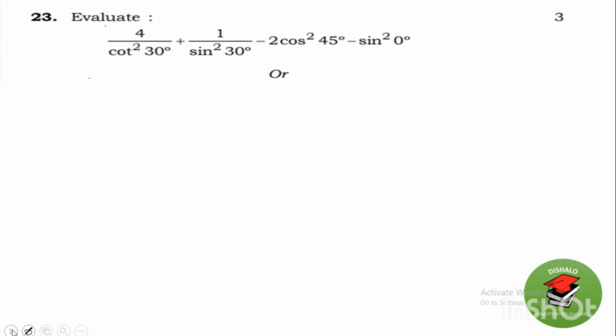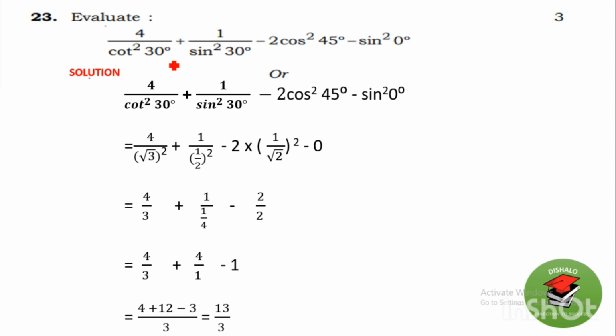Next, evaluate 4 by cot square 30 plus 1 by sin square 30 minus 2 cos square 45 minus sin square 0 degree. So I have written the question again. Cot 30 degree is root 3, and since it's squared, root 3 whole thing square, plus 1 by sin 30, which is 1 by 2, whole thing square, minus 2 into cos square 45, so 1 by root 2 whole thing square, minus sin 0 is 0, and 0 square is 0 only.